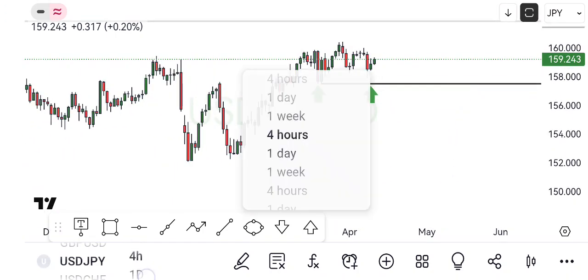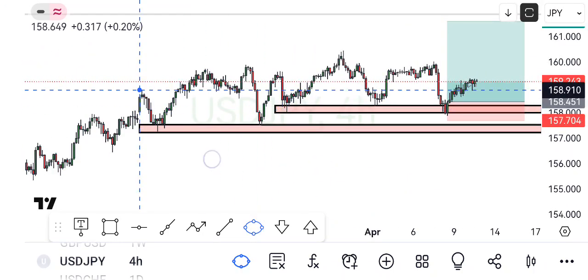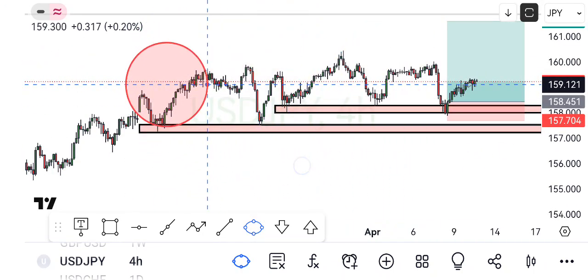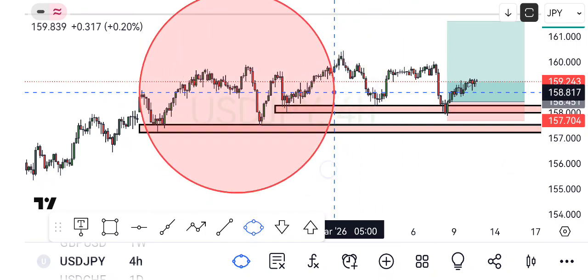I looked for areas to enter on the H4, even though it seems to be going sideways.